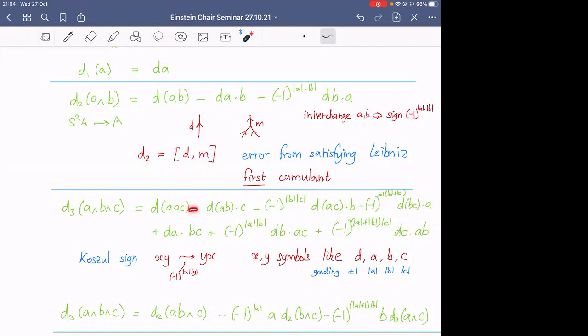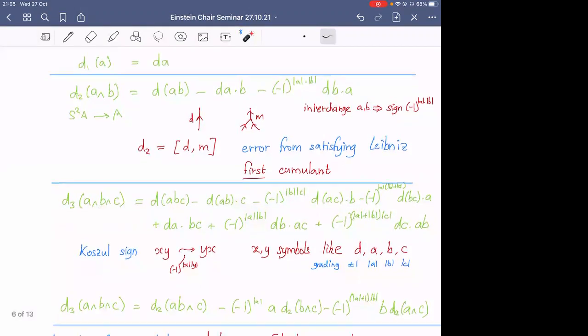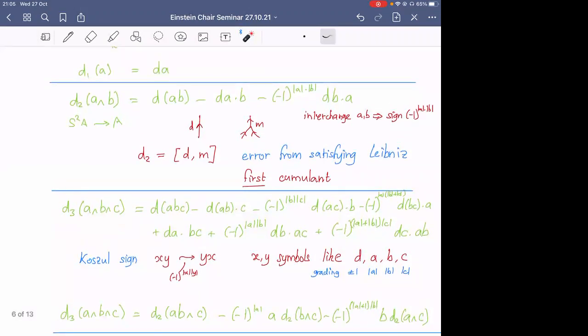And the other signs, we're taking D of the product of all 3 elements and then minus D of a product of 2 elements times 1 outside, and then with a plus D of 1 times 2. And then again, a minus, well, sorry, that's the last term, in fact, yes.